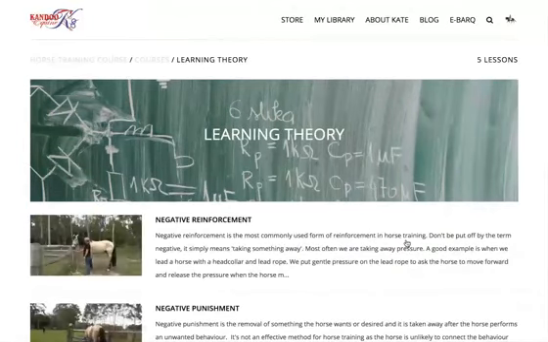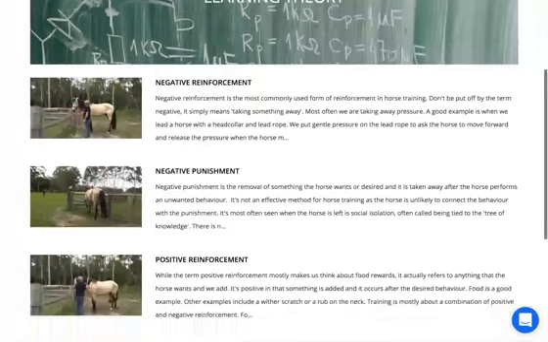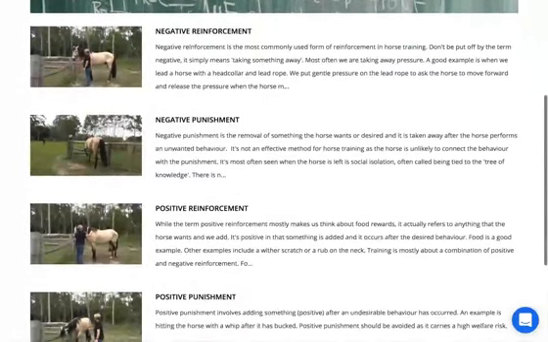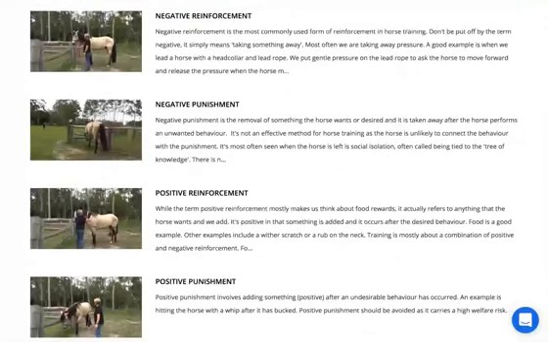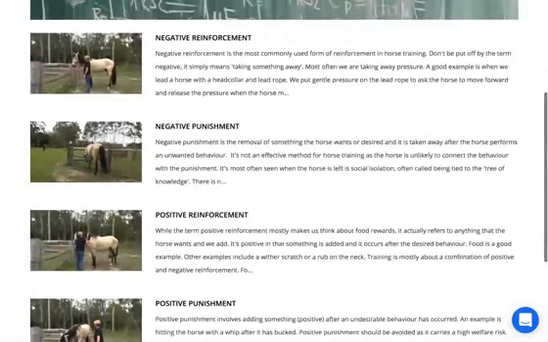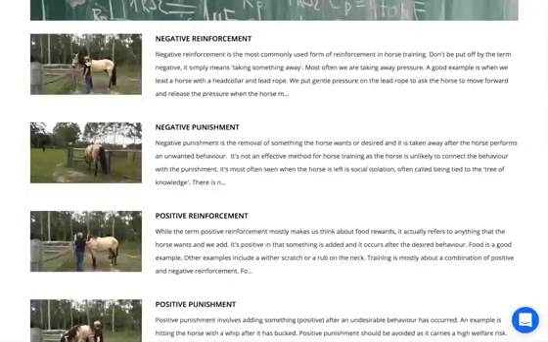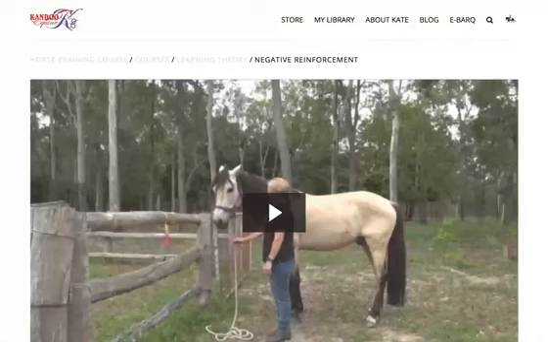Here you'll find different videos, and they describe the difference between negative reinforcement and negative punishment, positive reinforcement and positive punishment. The whip can be used as negative reinforcement, and the same thing can also be positive punishment. So I'm just going to have a quick look at this negative reinforcement video.